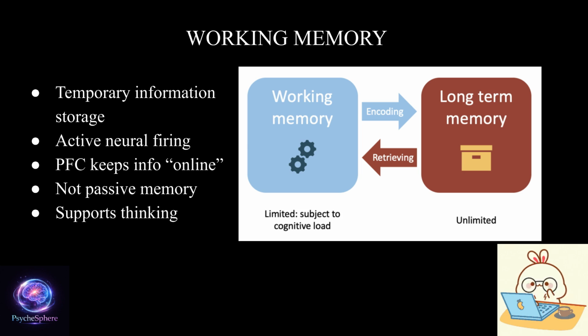Now, let's go a bit deeper into working memory. Because this is a very important exam point, our working memory is not just remembering something, but actively holding and using information that is no longer in front of you. For example, imagine you see a light flash on the left side or the right side, then it disappears. After a few seconds, you're asked to look at where it was.